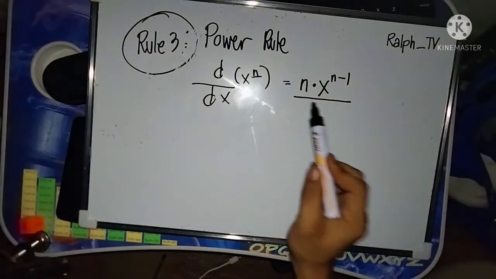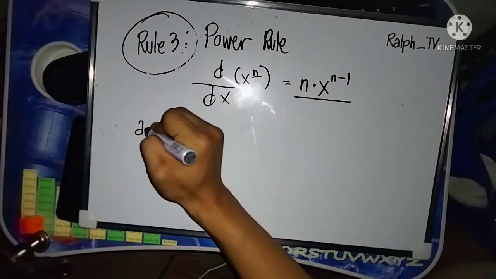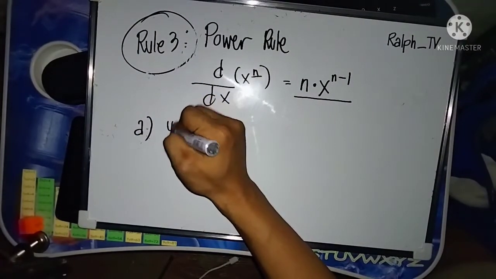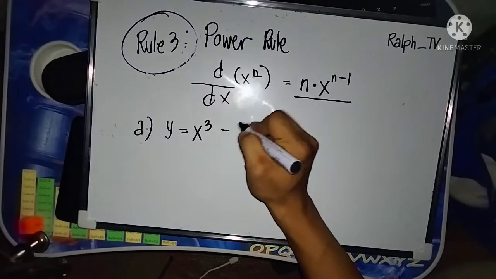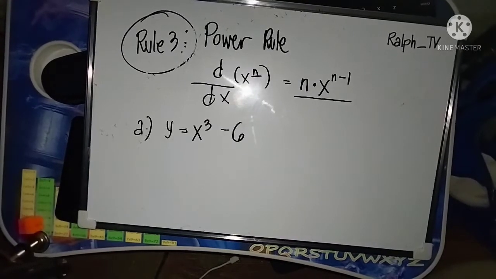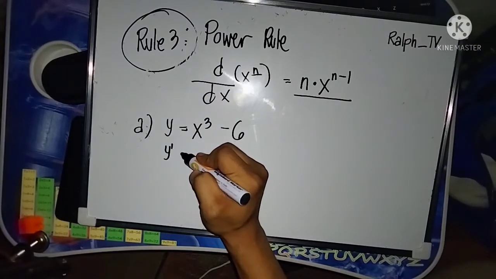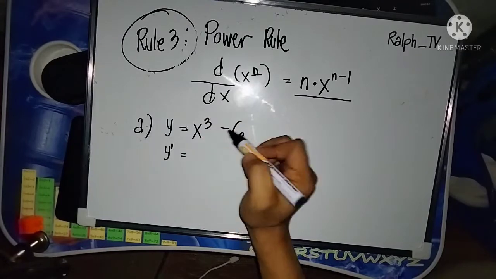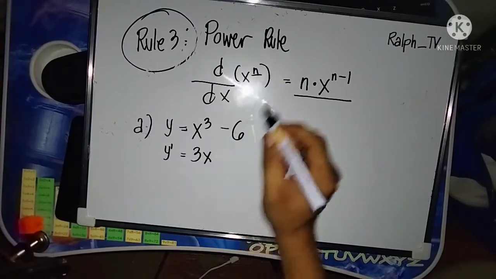Kung hindi nyo naintindihan tong power rule, magsiset tayo ng mga examples. So, we have number 1. Y is equals to x cube minus 6. So, gagamit tayo dito ng rule number 1, which is derivatives of y, which is y prime is equals to, ito, bababa natin yung 3 x then 1.